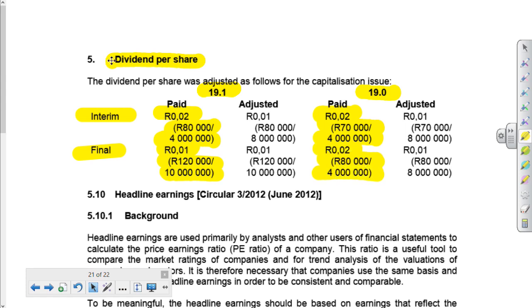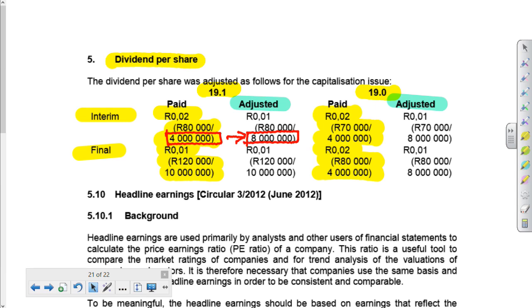Yeah? Actual dividend paid. Because I had the cap issue, I'm now going to do an adjusted dividends per share. The adjusted dividends per share is only going to change for the cap issue. Whatever I had before, I'm going to apply a 1-for-1 cap issue to it.